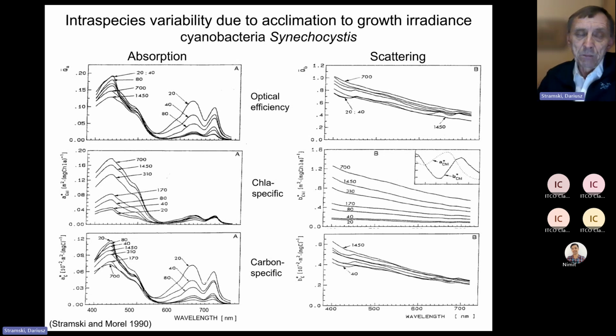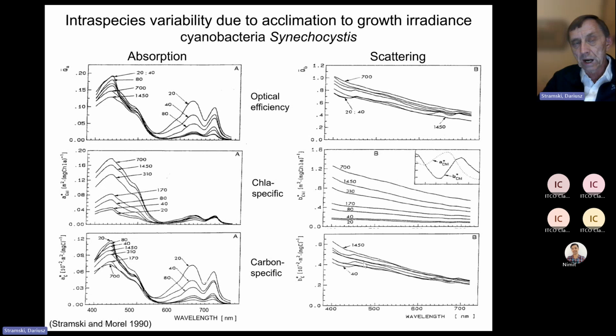But the main message here is that regardless of which optical property we are looking at, whether optical efficiency, or normalization to chlorophyll, or normalization to carbon content, we see very large variability in response to acclimation to growth irradiance. We also see very large variability in scattering. Probably the most constrained variability is in carbon-specific scattering.